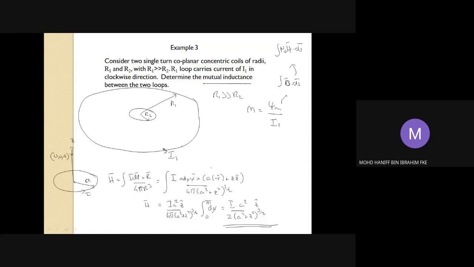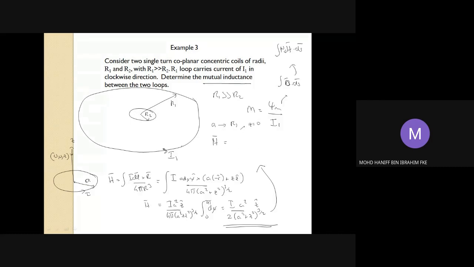The same thing is applied in this particular case. The difference is that we don't have any Z value, because it is just on a planar surface. If we want to use this equation to solve this problem, we need to change a few things: your A shall equal R1, the radius of this loop, since you want to find the H field at the center of your R2 radius loop, and the Z, which is the height, should equal 0.